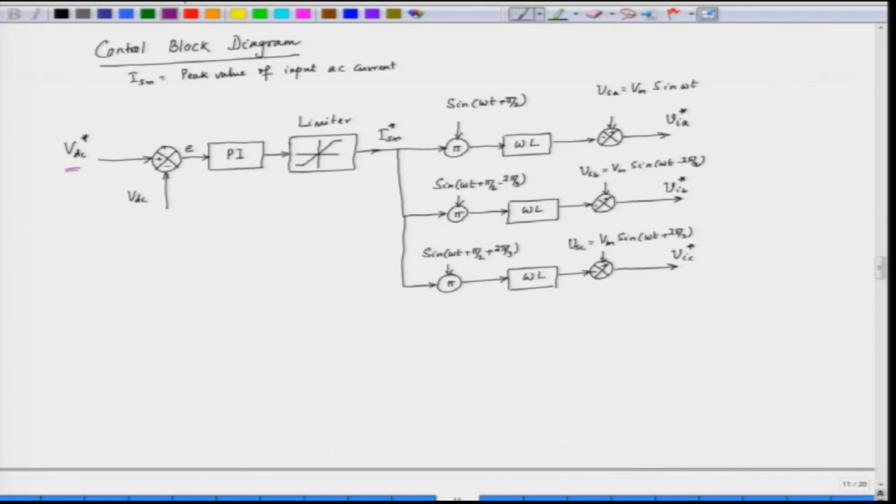ISM could be positive for motoring and it could be negative, implying that the power factor is -1 for the braking condition. So, this is the control block diagram which shows how to implement this experimentally in a closed loop drive.